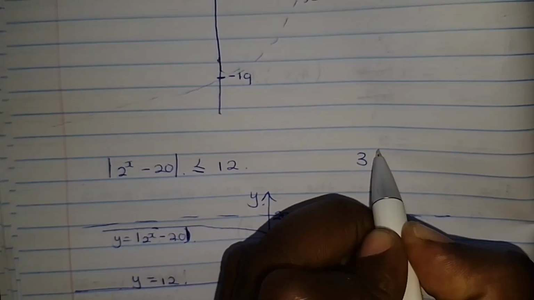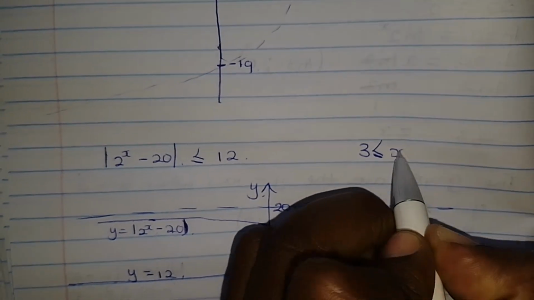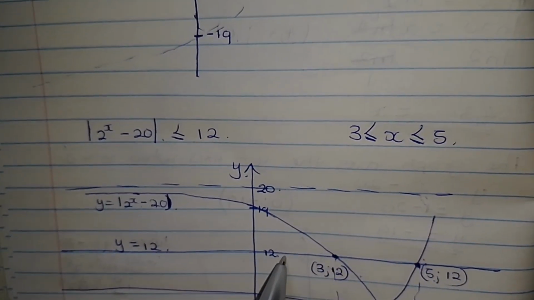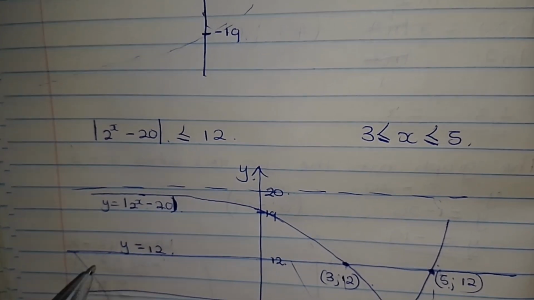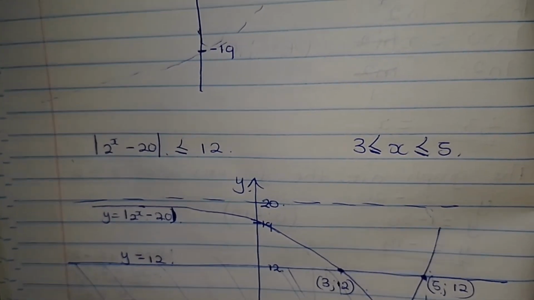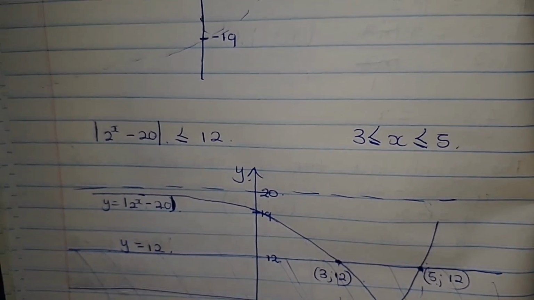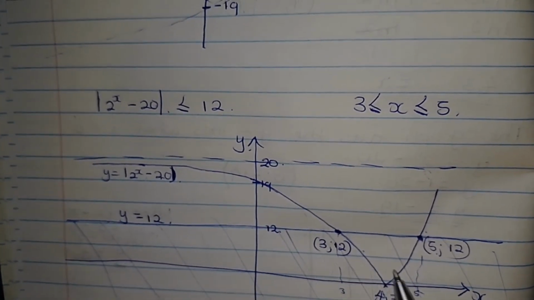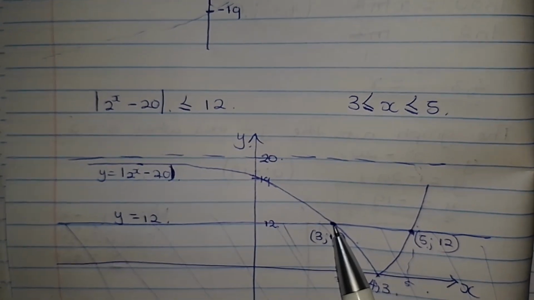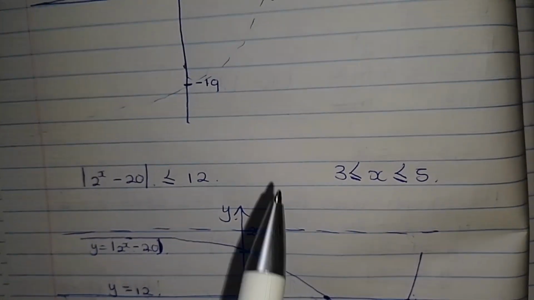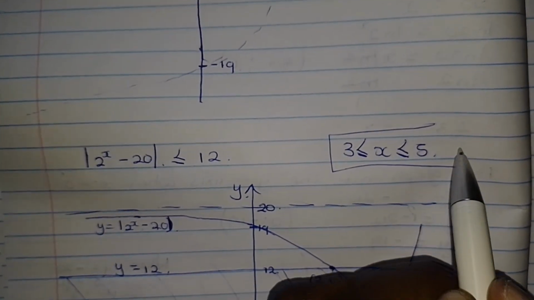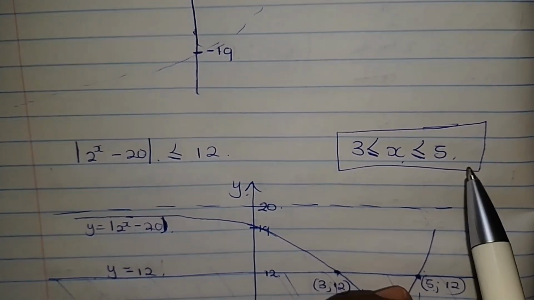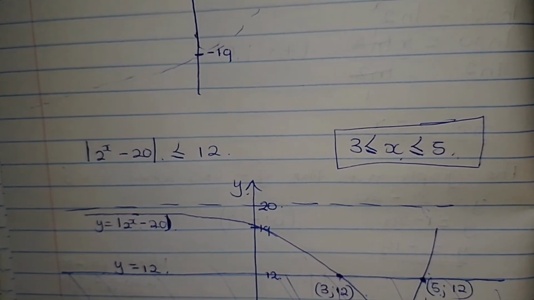That's when our graph is below y is equal to 12, from this part to this part. So our solution is 3 is less than or equal to x and x is less than or equal to 5. So thank you.